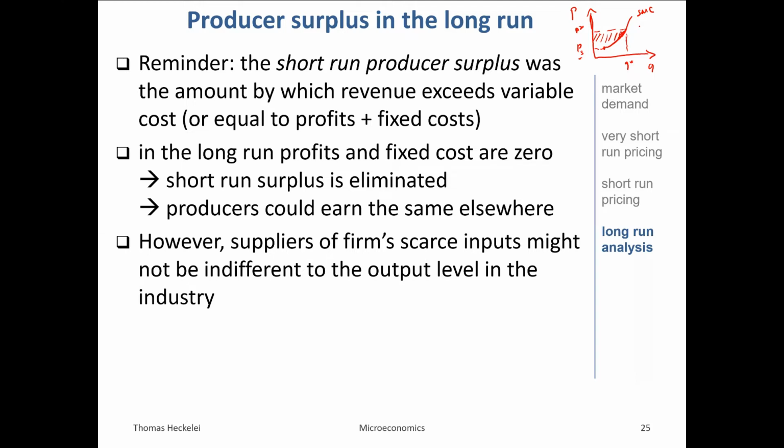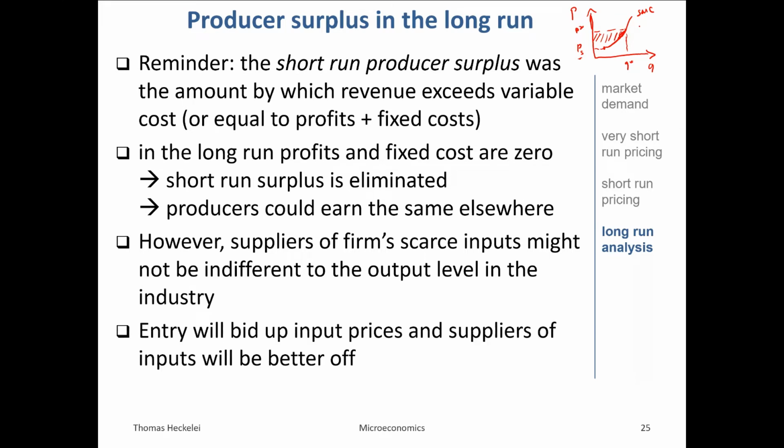One hint is if the input is scarce, like with the decreasing cost industry case that we looked at before, the suppliers of these scarce inputs may not be indifferent to the production status of the industry, because new firms entering the market, competing for these scarce inputs, will make the input price increase.